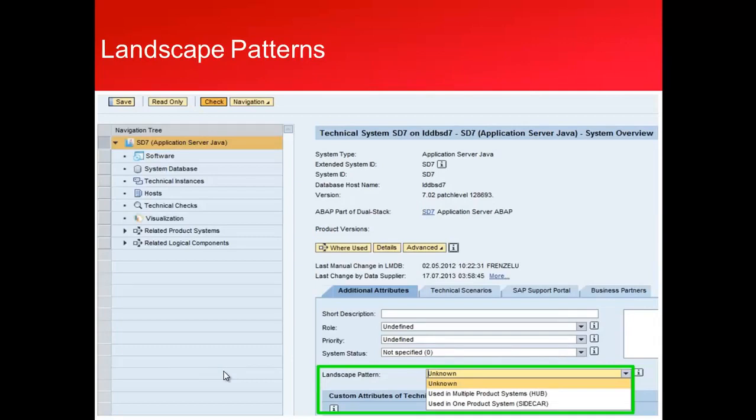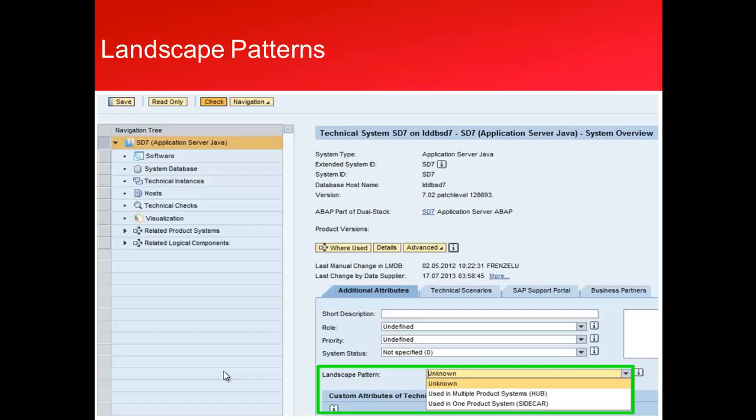Now let's see the landscape patterns. Landscape pattern is a terminology used to define how the Solution Manager models the landscape.